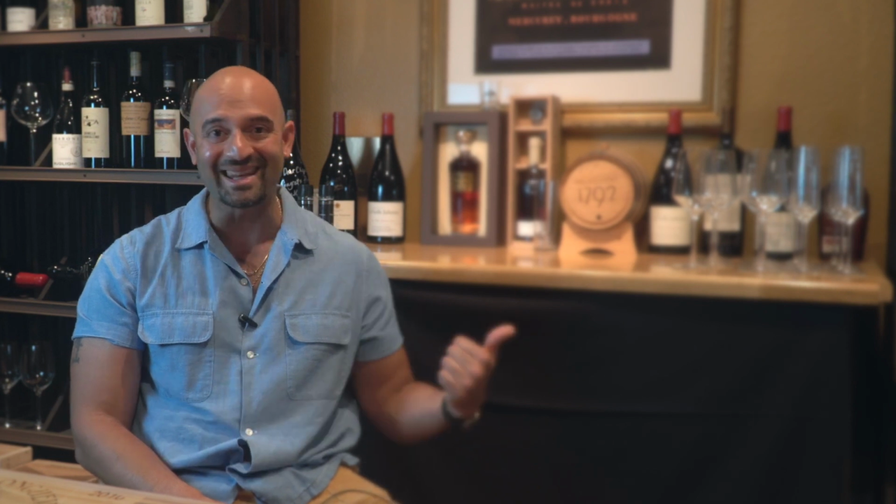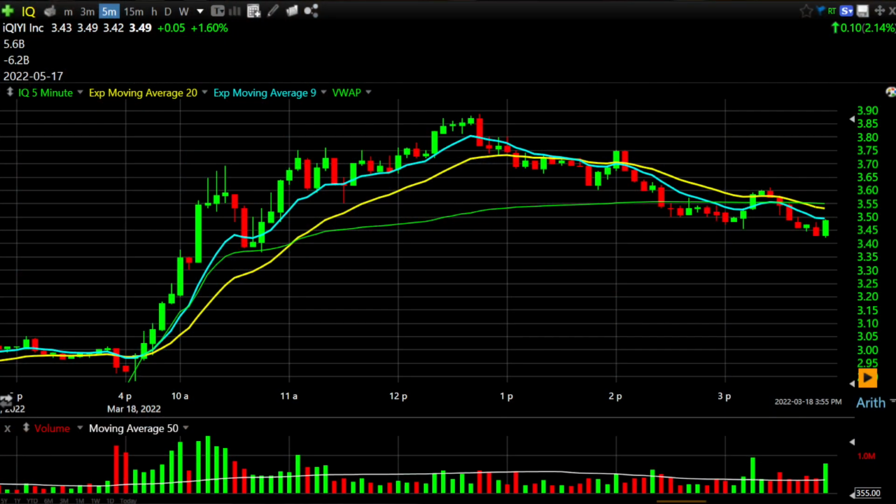Now take a look at IQ, DD, all the same setups. IQ goes into the mid threes in the morning, pulls right back into the VWAP after that first push. You get a green candle to hold there, and now it rips right back. That is your picture perfect VWAP trade.